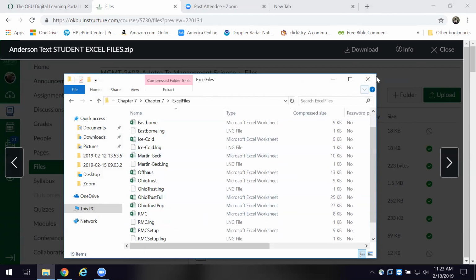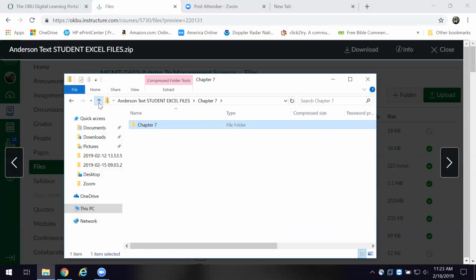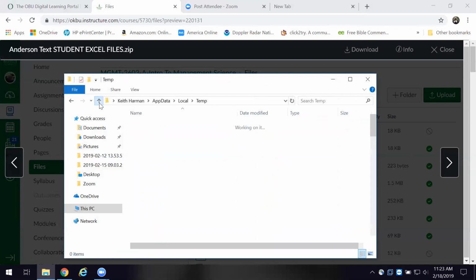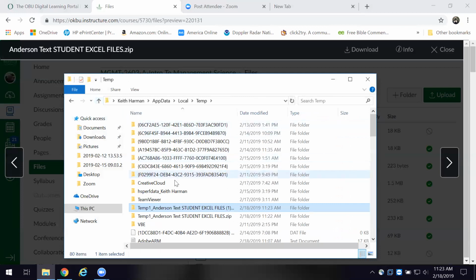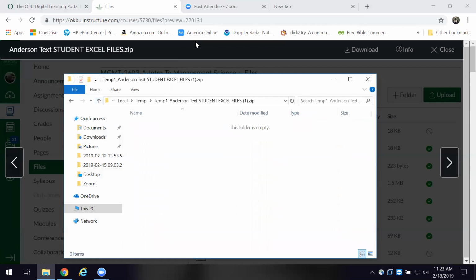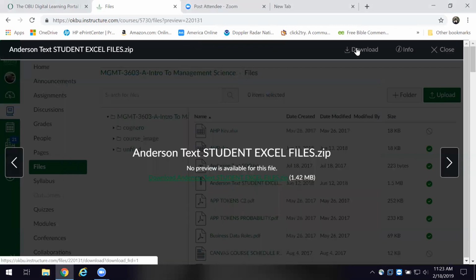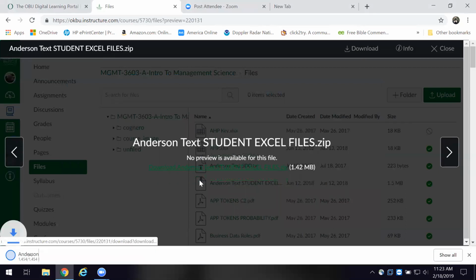Not in 7. Can somebody tell me what chapter those pages are in? Chapter 4. All right, thank you. My apologies. I'm snake bit this week so far.